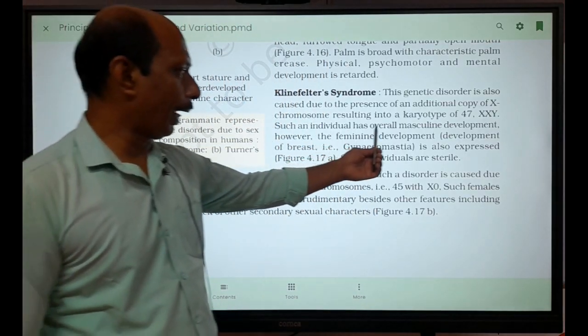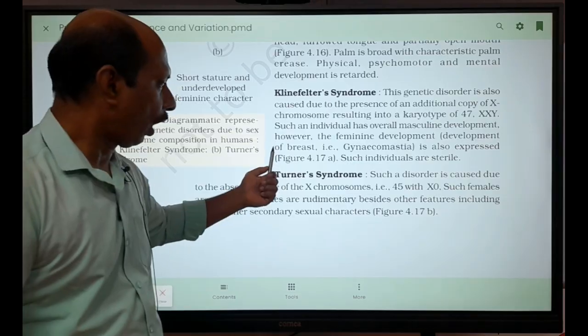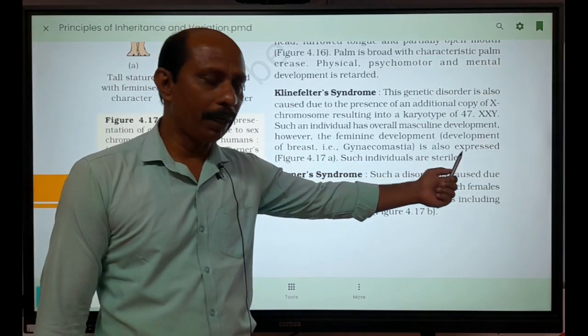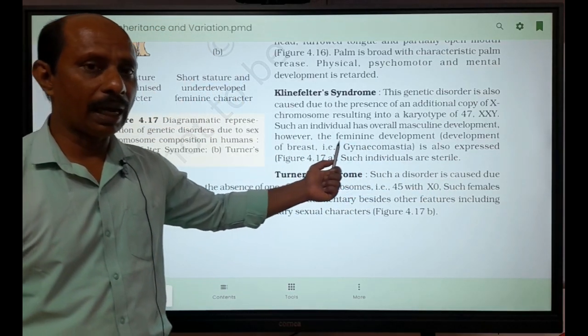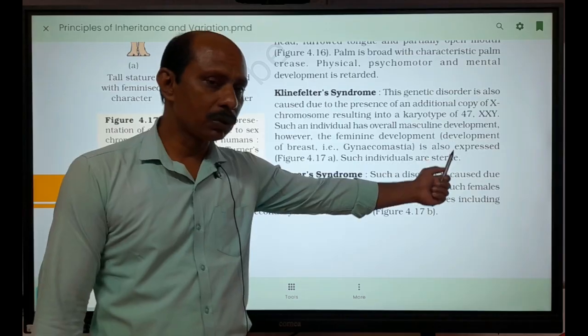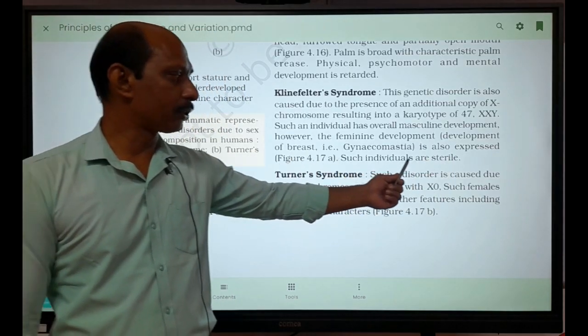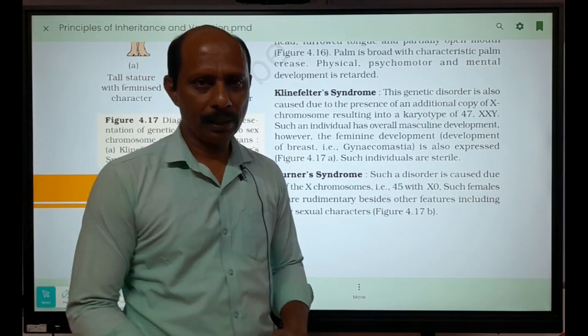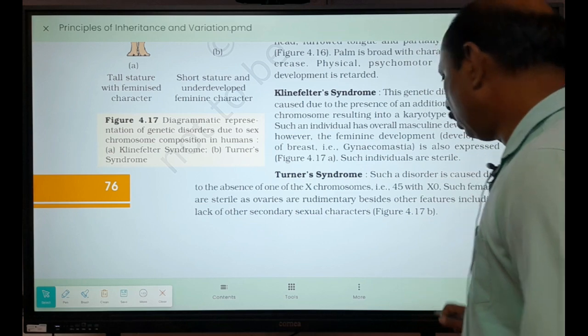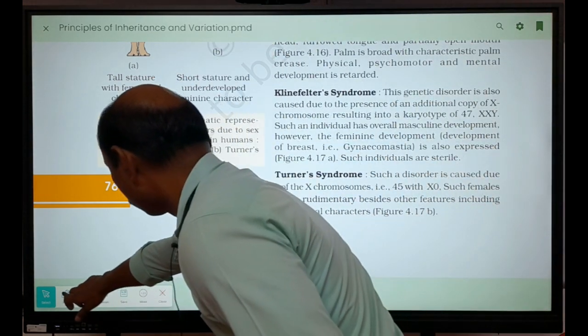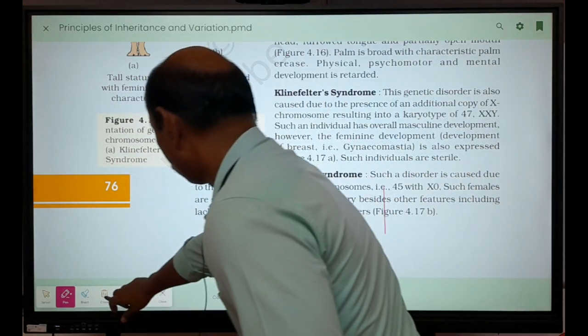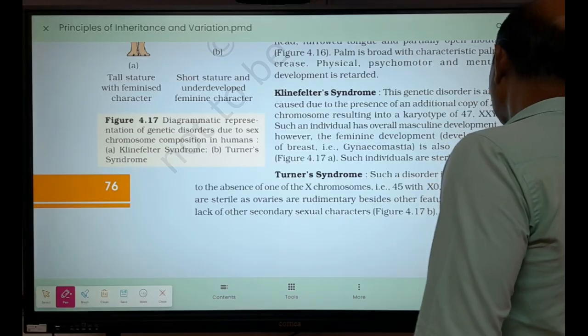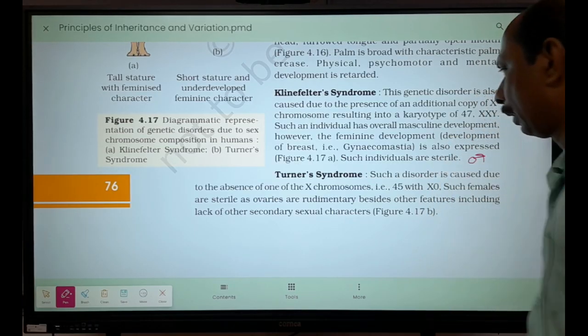Such an individual has overall masculine development. However, feminine development of breast, that is called gynecomastia, is also expressed. Such individuals are sterile males.